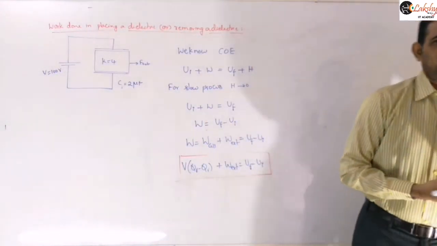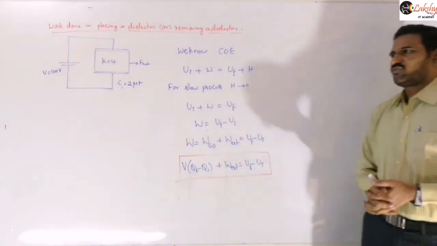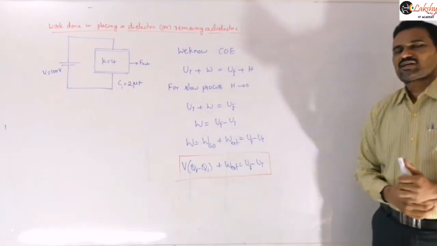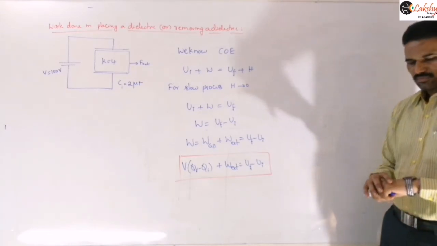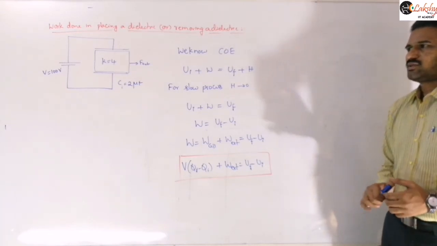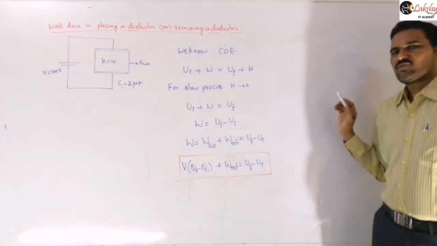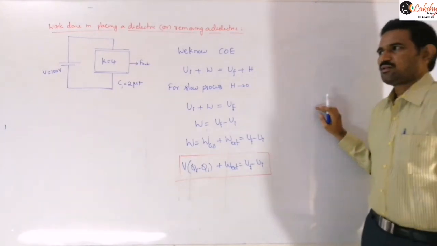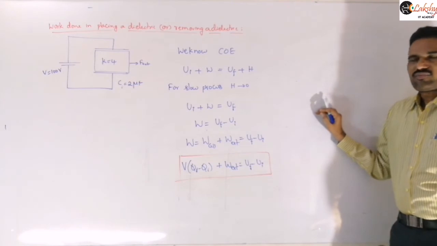A capacitor of capacitance 2 microfarad is completely filled with a dielectric of dielectric constant 4, and it is connected to a cell of EMF 100 volts as shown in the figure.